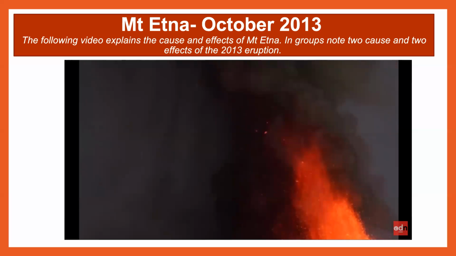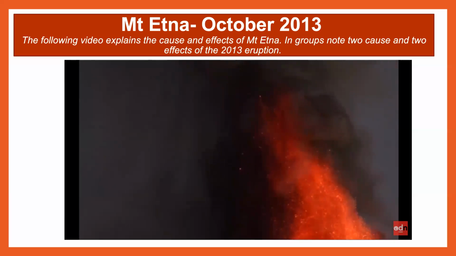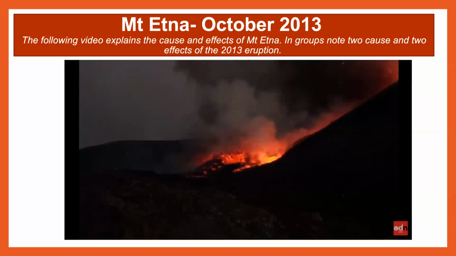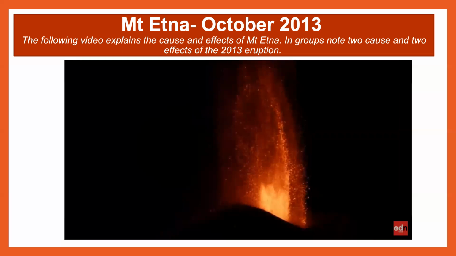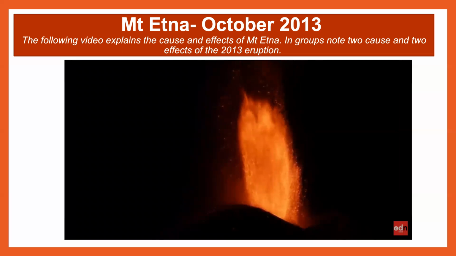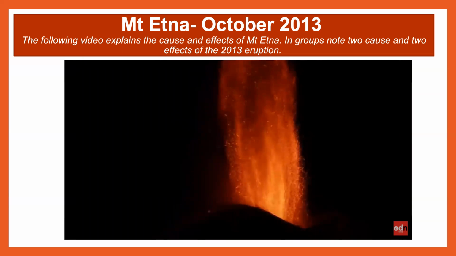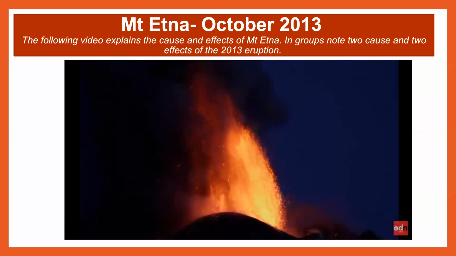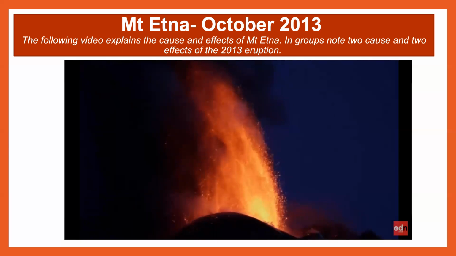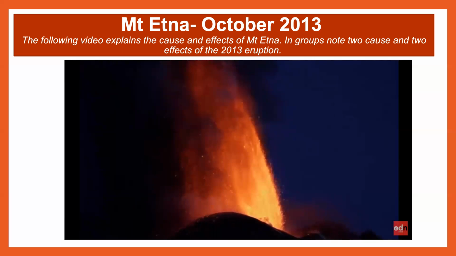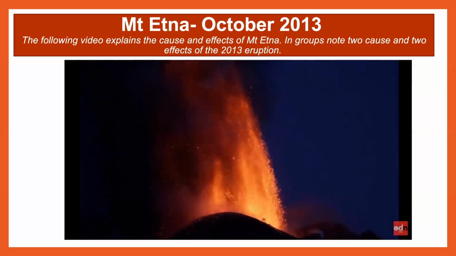This is the 14th time that Etna has erupted in 2013, and while the volcano is almost constantly active, the last major eruption was in 1992. Whilst the eruptions themselves do not put the local population at risk, they do have to live with the ash showers that follow.